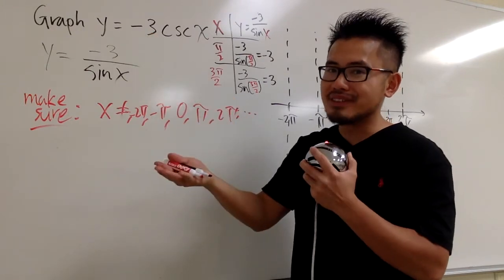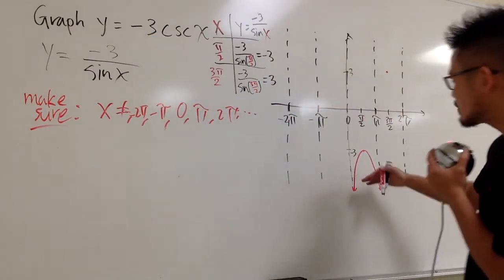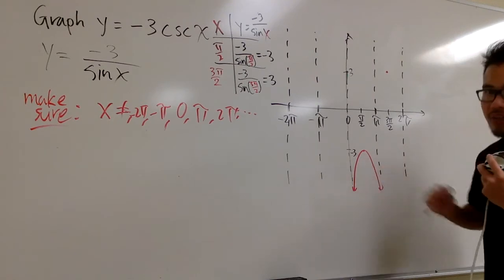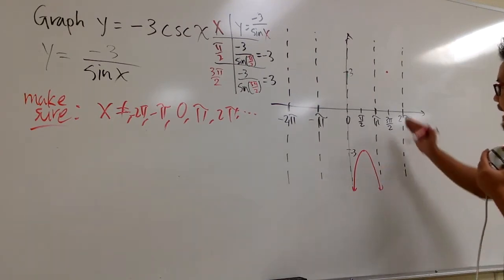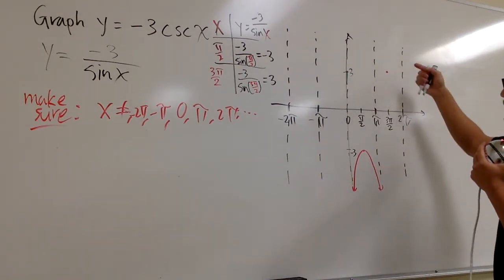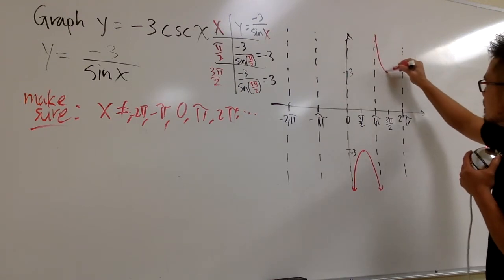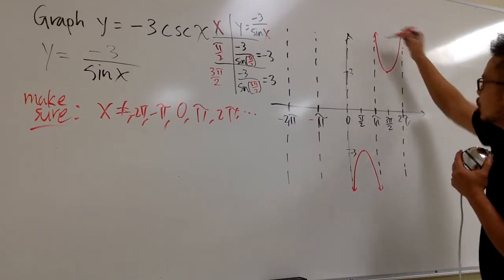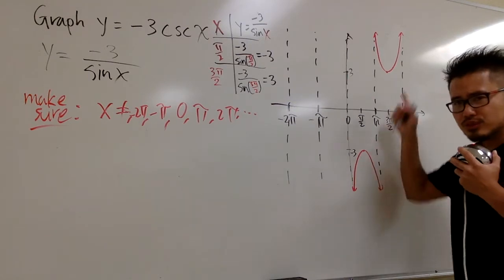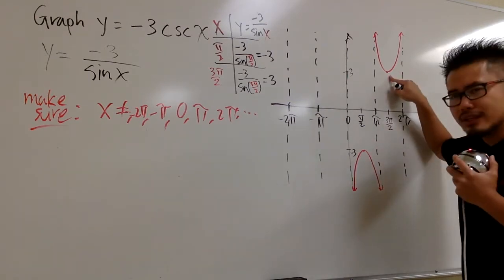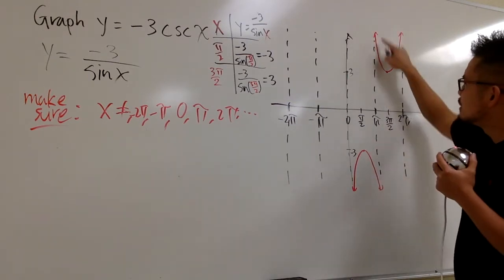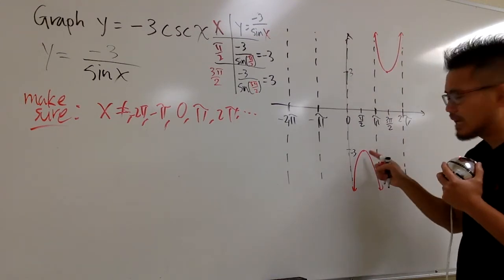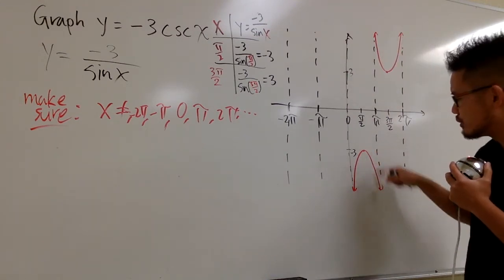So the graph flips upside down. That's why we have a U that's going down first, right? And then for this one, you can just see that it has to be the U that goes up. The way you can remember it is that once you have these 2 points, the point that's higher has the U that goes up, and then the point that's lower has the U that goes down.